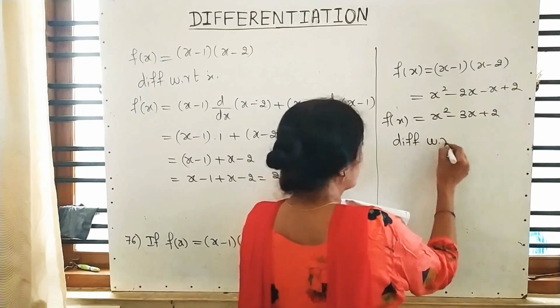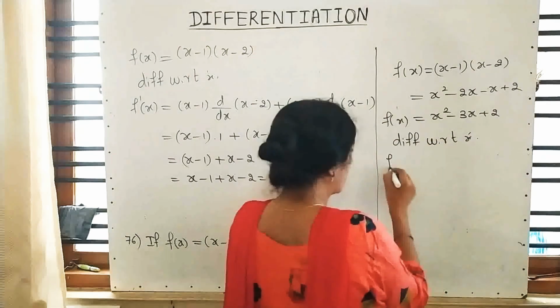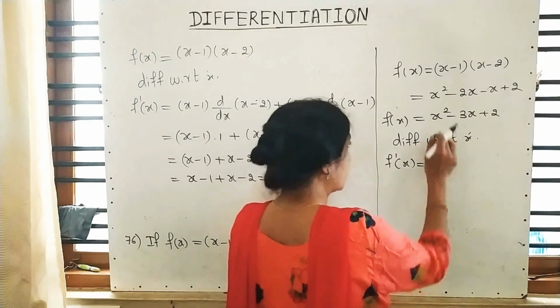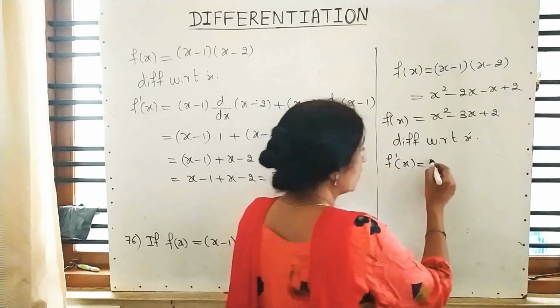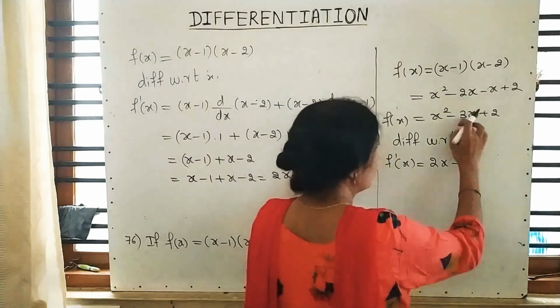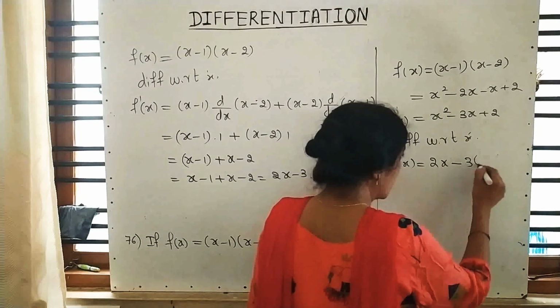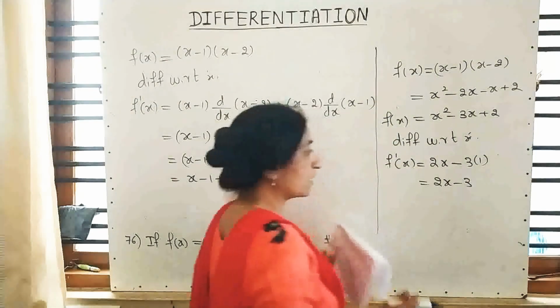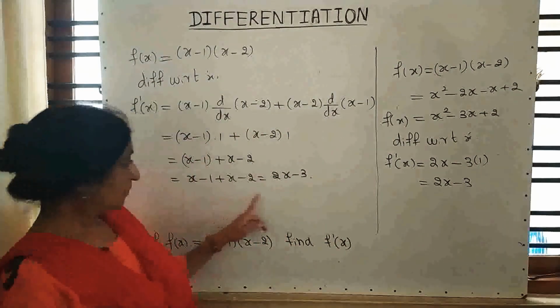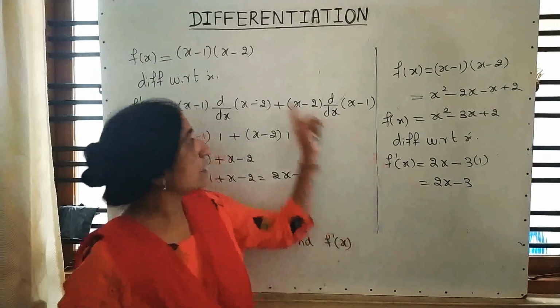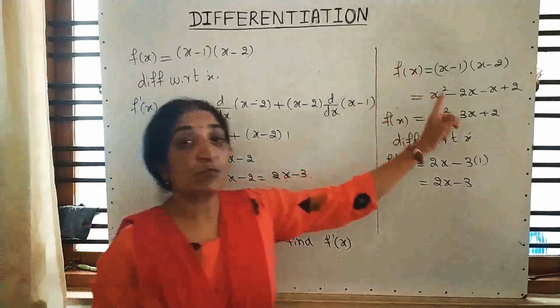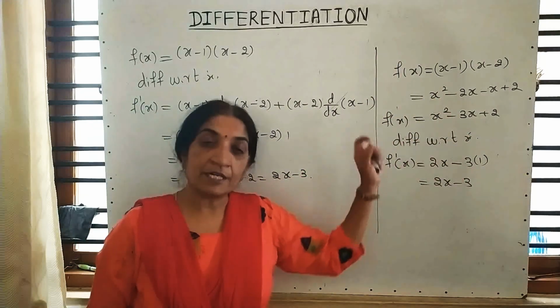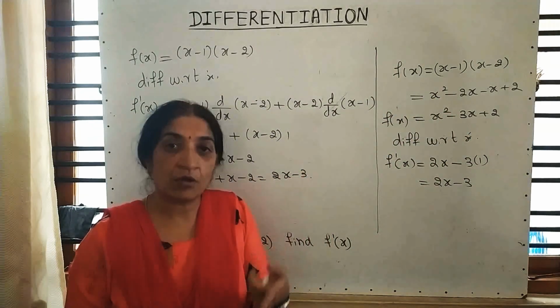Differentiating with respect to x, it is f dash of x. What is the differentiation of x square? 2x, middle minus. Differentiation of 3x will be what? 3 into 1. So your final answer is 2x minus 3. Is it very simple? And see that answer. Both the answers are same or what? Here I did u into v, and here I removed the bracket and I multiplied. That means which one you want, you can solve by that method.